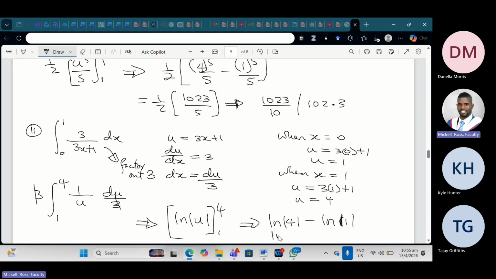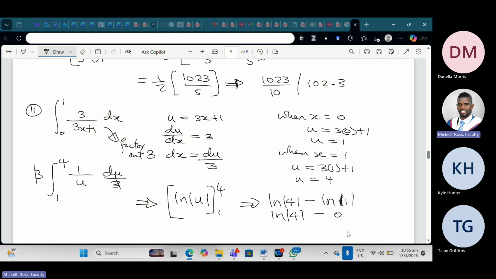The ln of 1 is 0, so you're just going to end up with ln 4 for your answer.